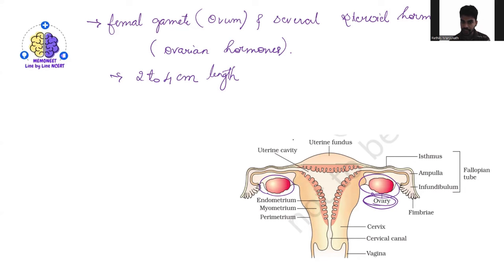It is connected to the pelvic wall and the uterus. So the ovary is connected to the pelvic wall as well as the uterus by the ligaments.